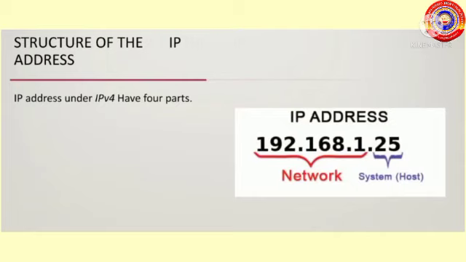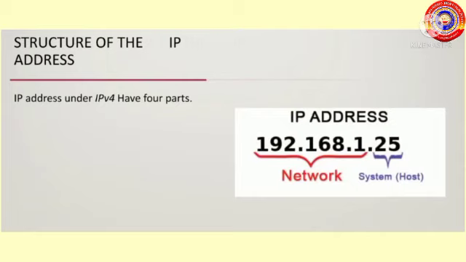For example, suppose this will be the IP address of one of the computer in our computer lab. Then the first part, that is 192.168.1. These 3 parts refer to the computer lab, and the fourth part 25 refers to a specified computer inside that lab.